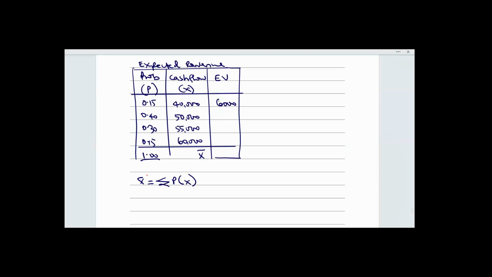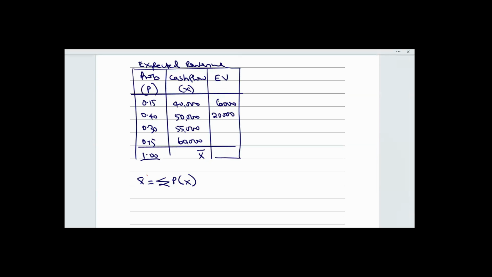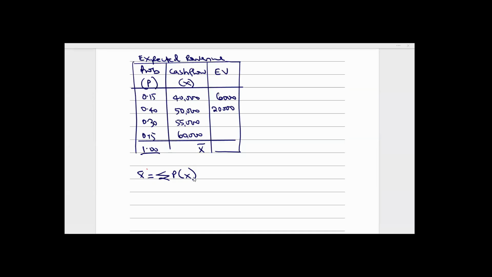Then 0.40 multiplied by 50,000 naira, 20,000. 0.30 multiplied by 55,000, 16,500.